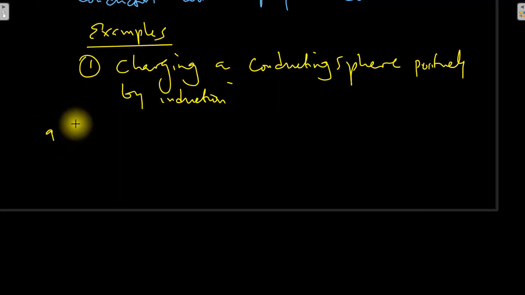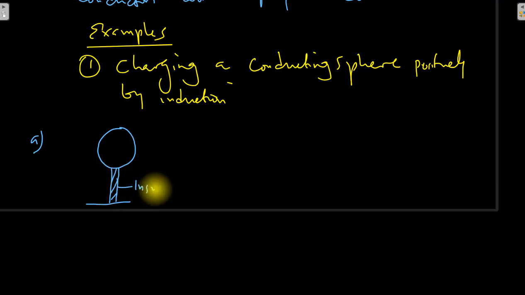So the first step is to have our conducting sphere put perfectly on an insulating stand. Put it on an insulating stand for obvious reasons. If this sphere is made to touch the earth, then it will always be at zero potential and it cannot be charged. So here we have our neutral sphere. It's a conducting sphere, it does not have any charge.